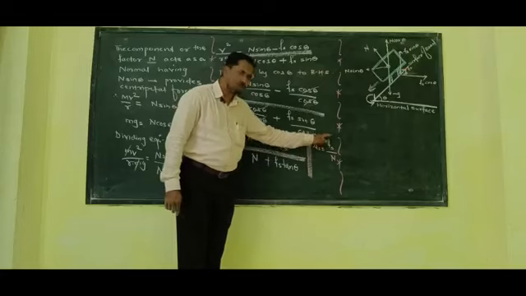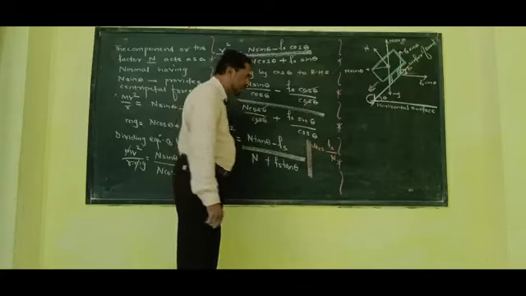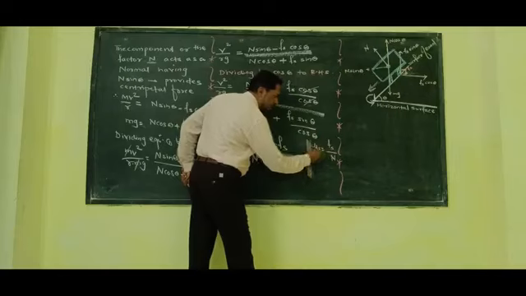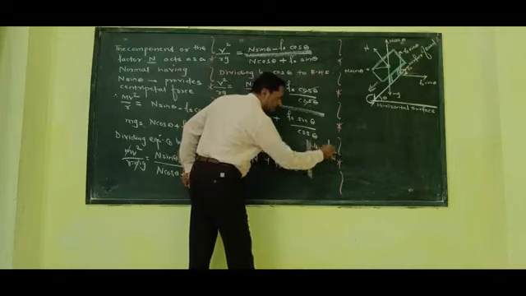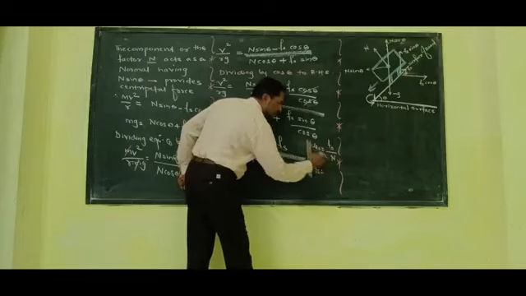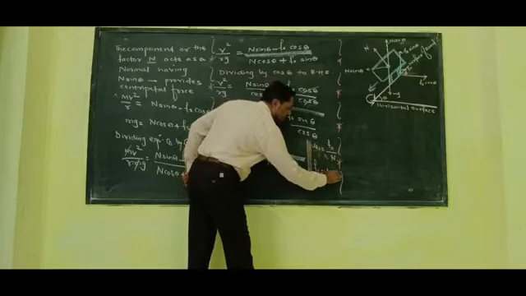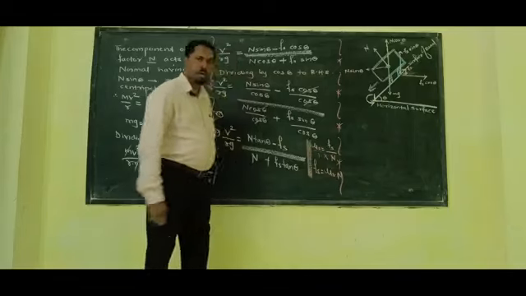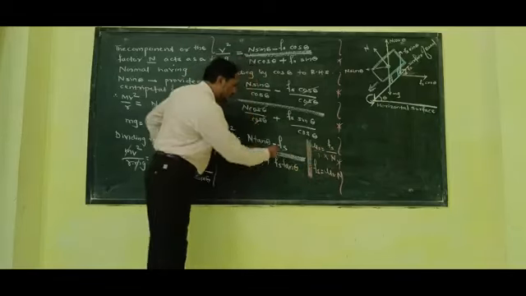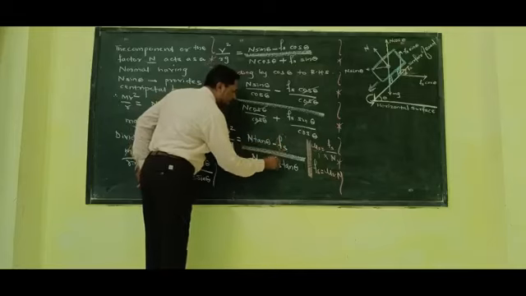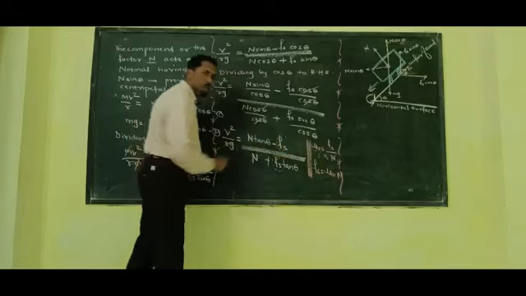That is mu s is equal to Fs upon n. This is the definition of coefficient of static friction. Taking cross product, we can write Fs is equal to mu s into n. In short, we get the value of Fs. So wherever Fs is there, we can put the value mu s n.